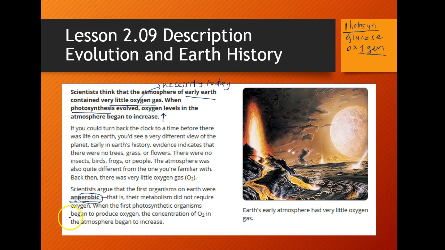So it does not require oxygen. However, just as we said before, when photosynthetic organisms evolved, they began to produce oxygen because photosynthesis produces oxygen. So then the concentration of O2 in the atmosphere began to increase.